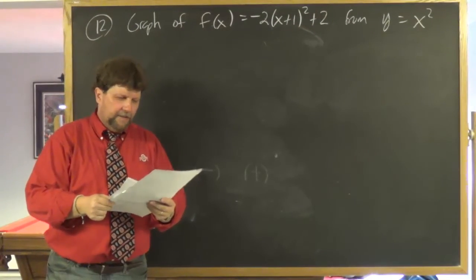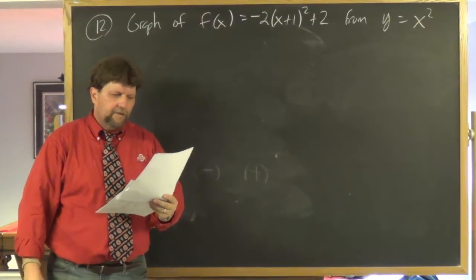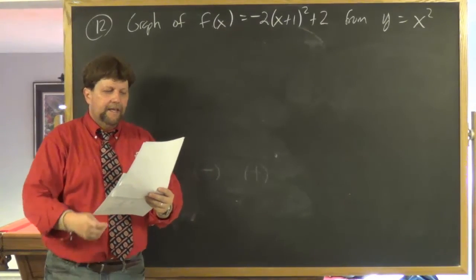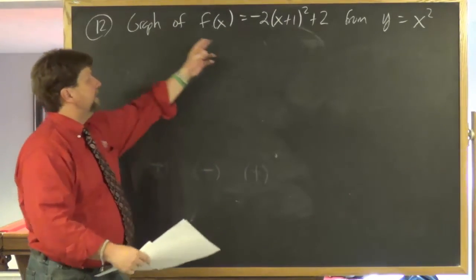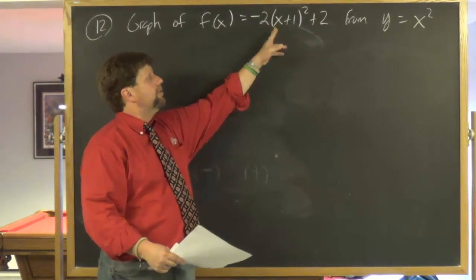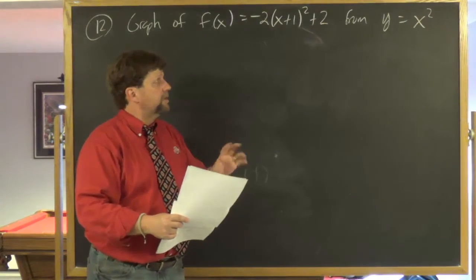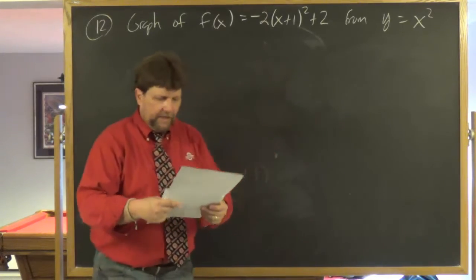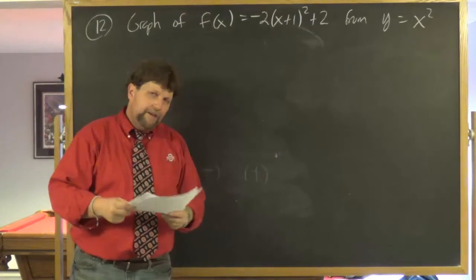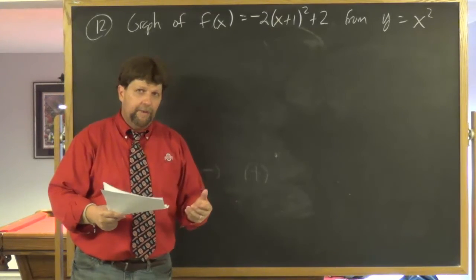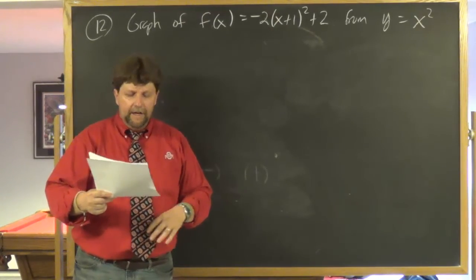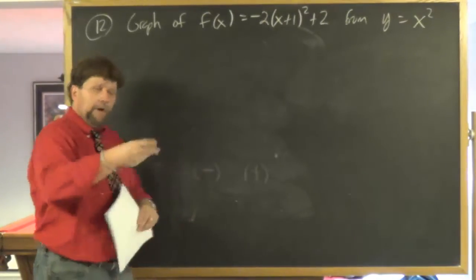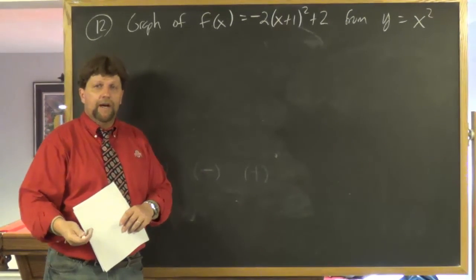Alrighty, finally here, the last one, number 12, it says list the 3 transformations and write the resulting function in each step. To get the graph of the function negative 2 times the quantity x plus 1 squared plus 2 from the basic graph of y equals x squared. I'm actually going to list 4 transformations rather than 3. And here's how I would go about doing it. I'm starting with the graph of x squared.